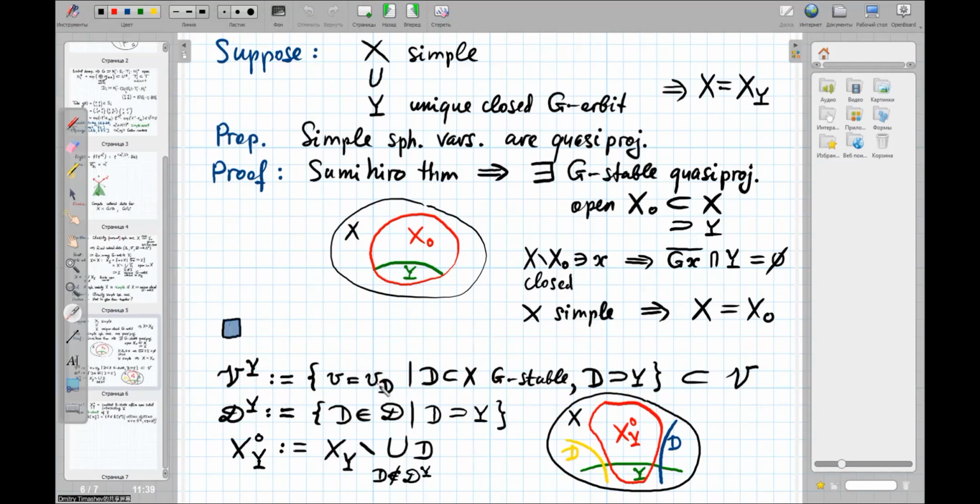So these divisors intersect this open affine chart, and the colors not belonging to D upper Y do not intersect it. They lie in the complement. Yes, I know. Continue the proof of the lemma.